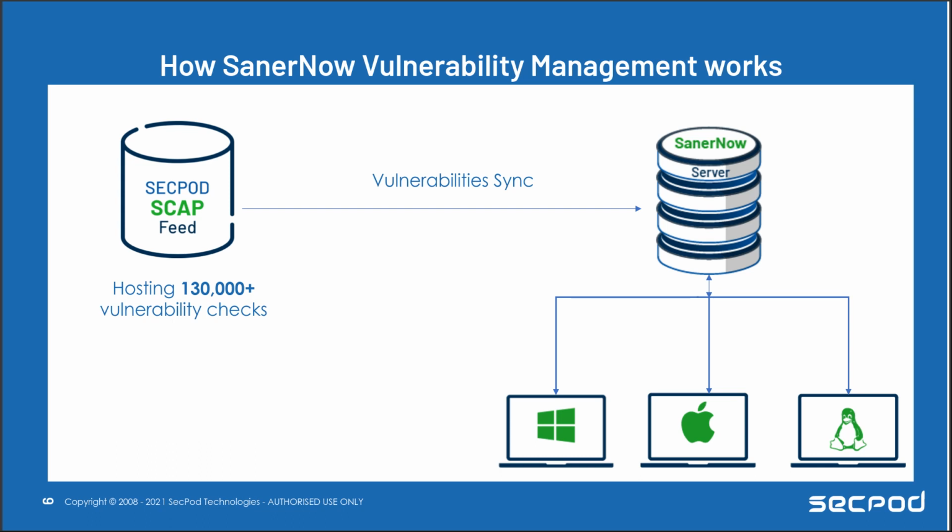And this repository is in regular sync with the vulnerability management server. During the agent and server sync, vulnerability info is passed on to the agent, and further detection process is carried out through the scans. Once the data is uploaded from agent to the server, in the server console, you can initiate any vulnerability management task. You can assess the vulnerabilities and you can also remediate them. This is the basic architecture of a Now module.